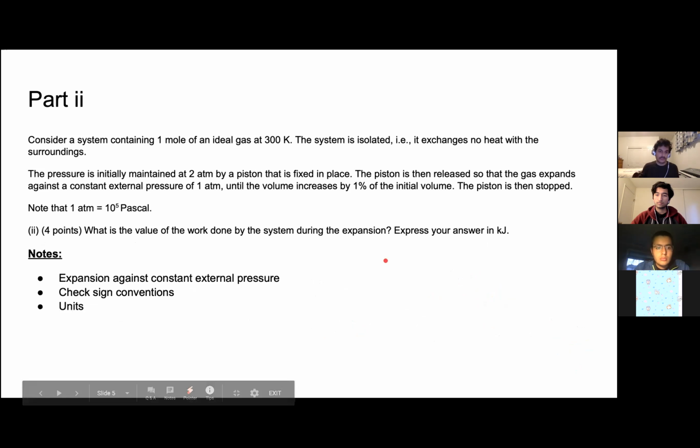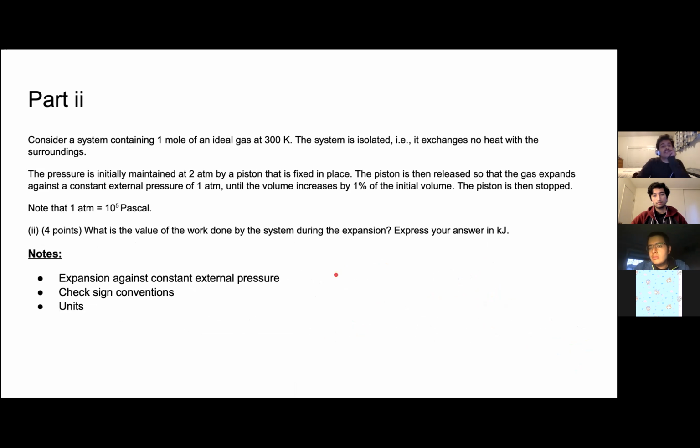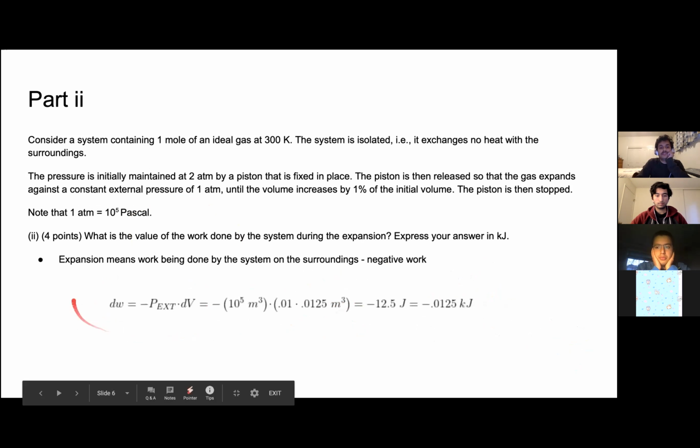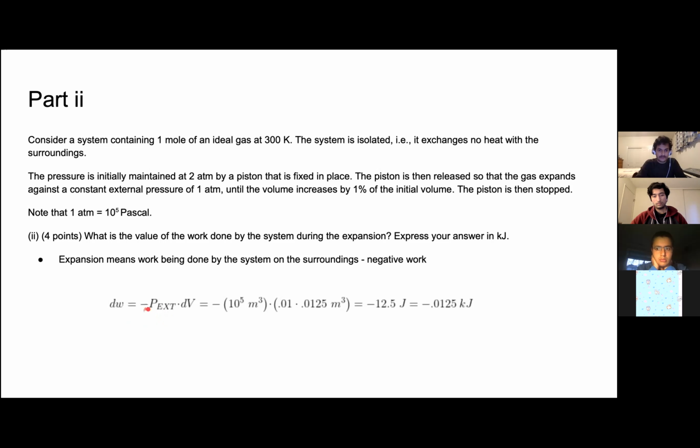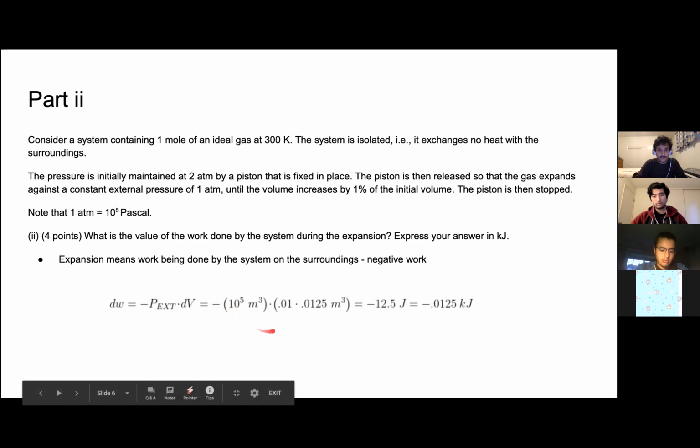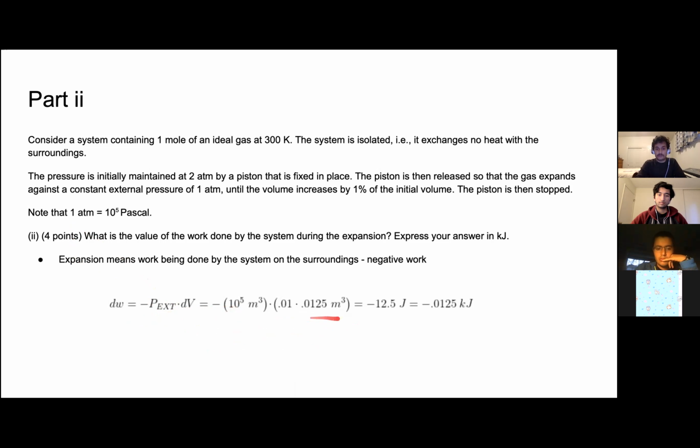Next question is, what is the value of work being done by the system during expansion, expressed in terms of kilojoules? So important thing to note here is that we're doing expansion against constant external pressure, meaning we can use this simple equation, which I will explain again a little later when we go to part 5, but we can take -1 times the constant external pressure, which is 1 atmosphere or 10^5 Pascal, times our change in volume, which is simply from part 1, the initial volume times 1%, 0.01, get -12.5 joules or -0.0125 kilojoules.